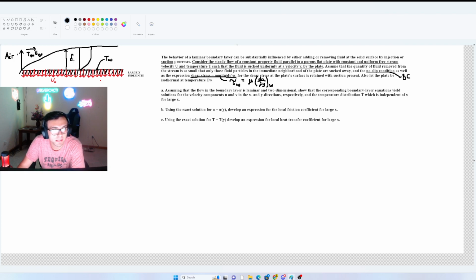This is the velocity. There's a temperature boundary layer and a velocity boundary layer. This is the velocity boundary layer. This is basically what the speed distribution looks like. And this is U as a function of y, which we're finding in this problem.